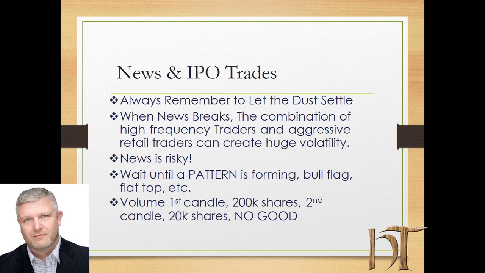Even when we have bull flags and flat top breakouts forming, these can still be very choppy. And what we think is going to be a very clean breakout a lot of the time is just not. So just remember that news is risky. You can easily be down several points on trading news.